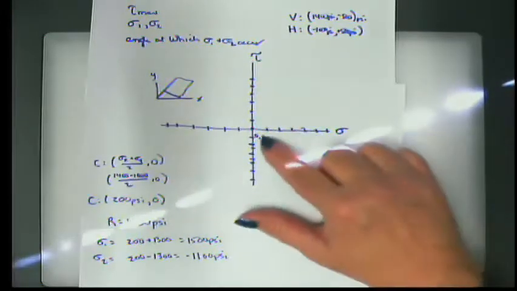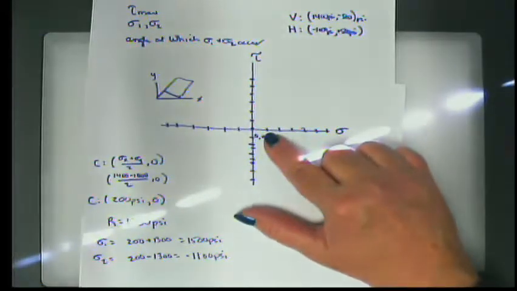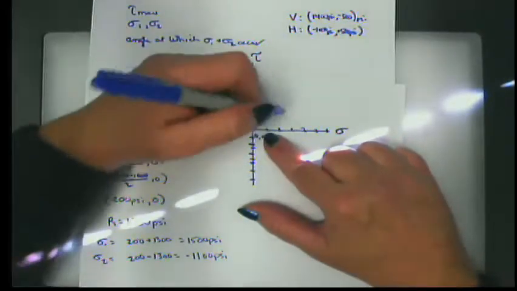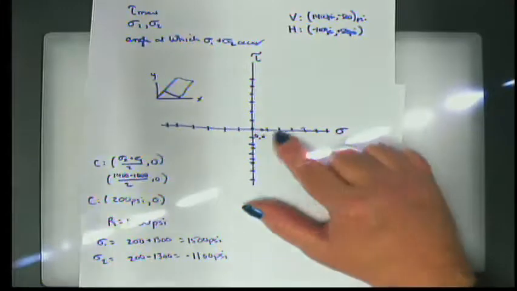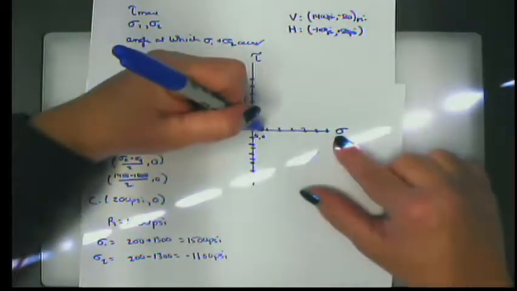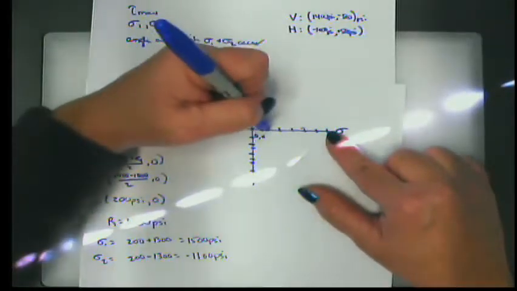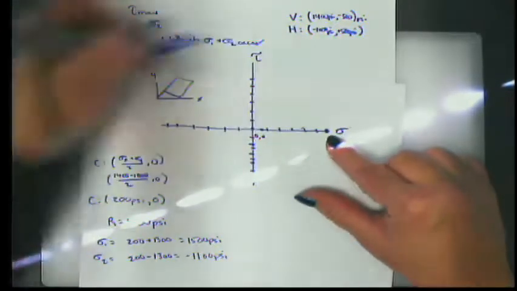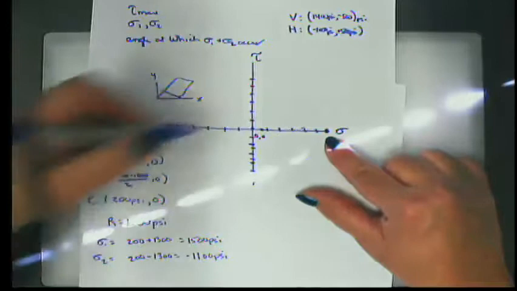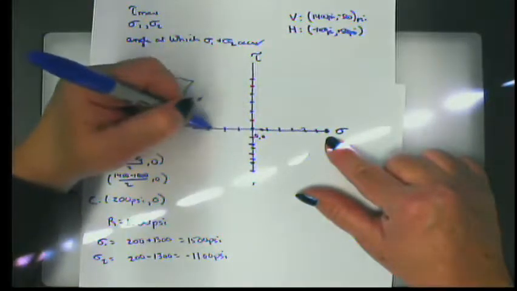Okay, so now remember my circle is not centered at 0, 0, it's centered at 200, 0. So it's centered about right here. And then I need to come out to 1,500 over this way, here's 1,500. That's the sigma 1. Over here, negative 1,100.